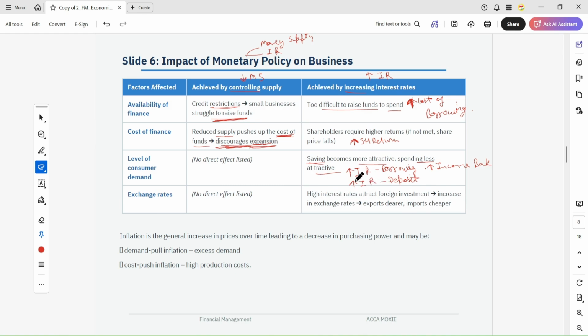So if the deposit interest rate increases, foreign investors will try to deposit in your country's bank account. So that will increase the exchange rate.